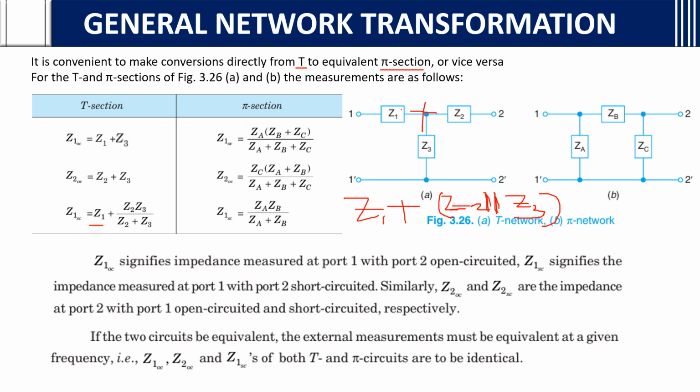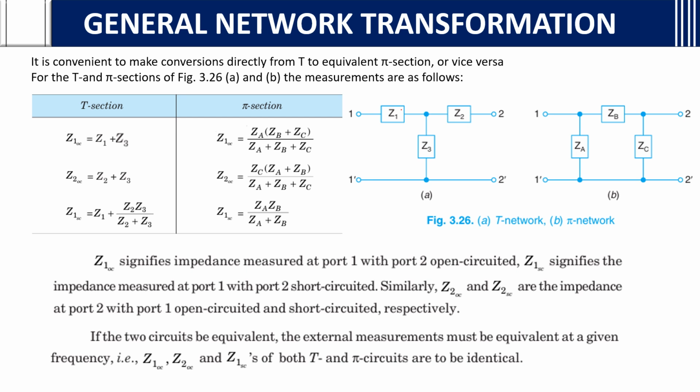In future sums also I have represented it in this way only. Z2 parallel Z3 means they are in parallel. If there are two impedances in parallel, an easy way is we can directly write the product of those two, like Z2 Z3, by the addition of those two. This is the Z1 SC.